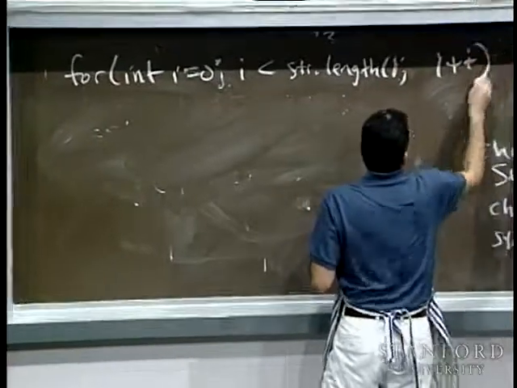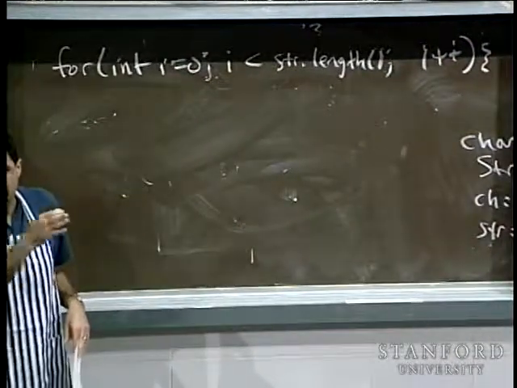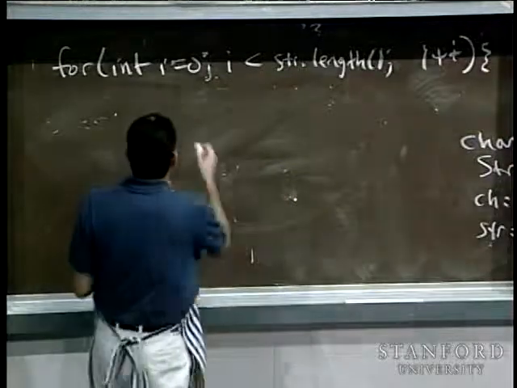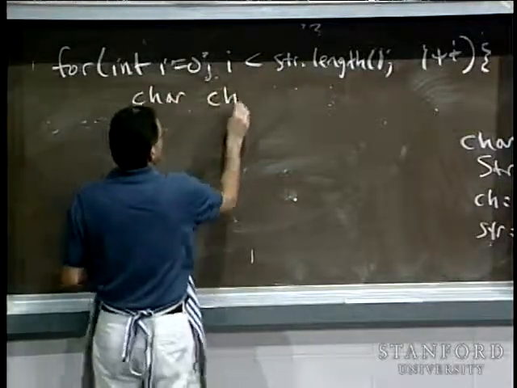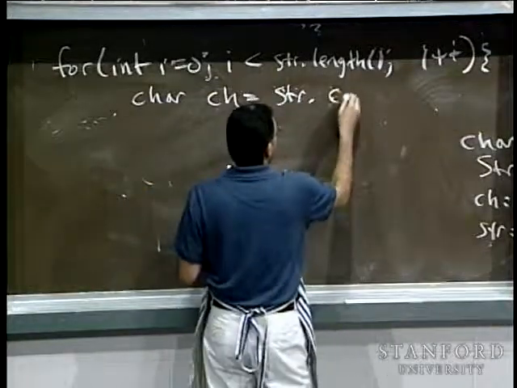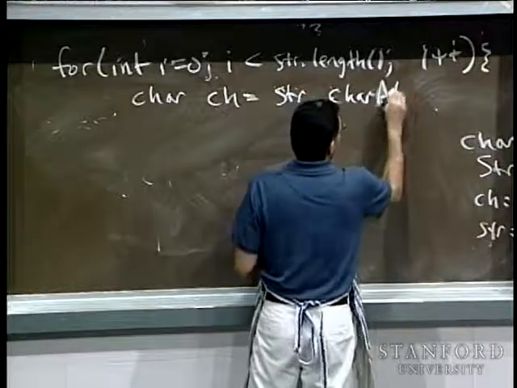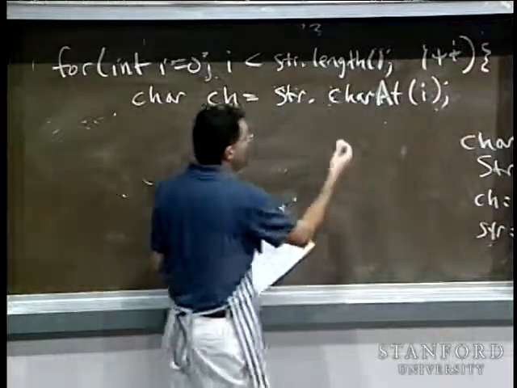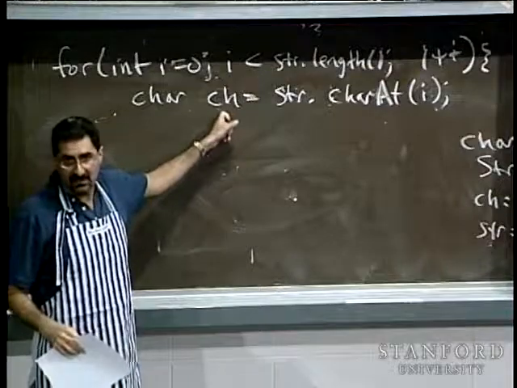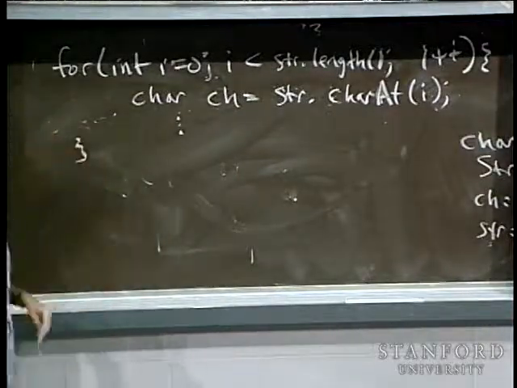This is going to go through, essentially indexing the string from 0 up to the number of characters that it has. And then inside here we might say char ch equals str.charAt(i). What that means is one by one you're going to get each character in the string in ch. And then, potentially you do something with those characters and then you're done.